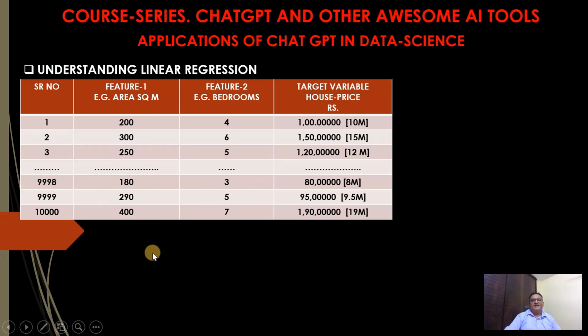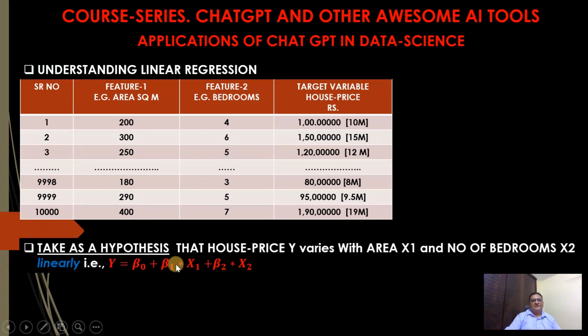So first thing is, let us understand what is this linear regression. In linear regression, we take as a hypothesis, and I have underlined that word. Okay, so initially it is just a hypothesis only that price y, this parameter, varies with x1 area and x2, that is the number of bedrooms, in a linear manner.